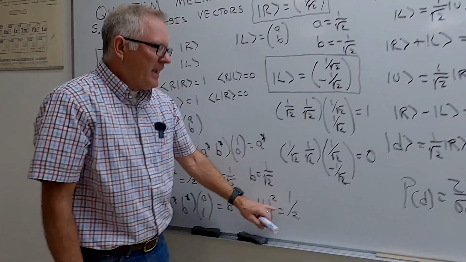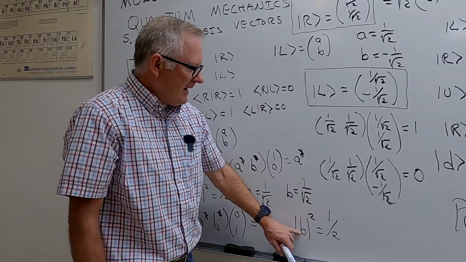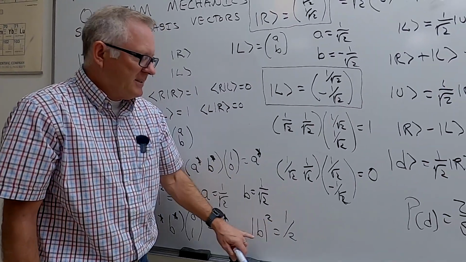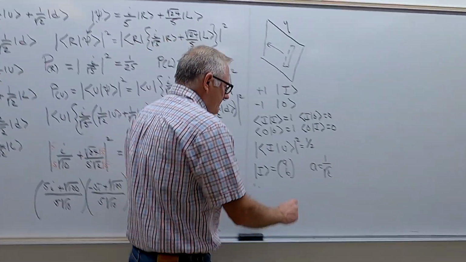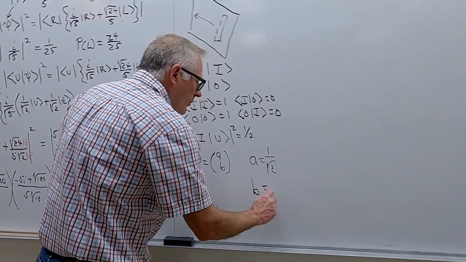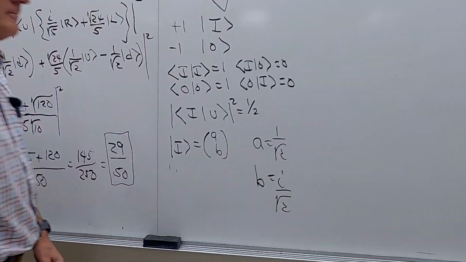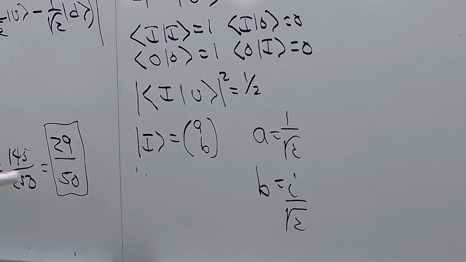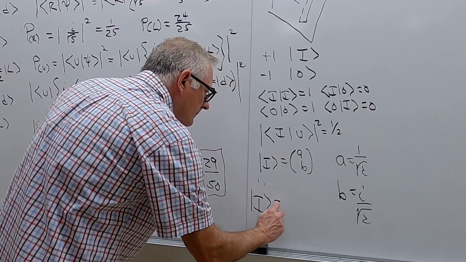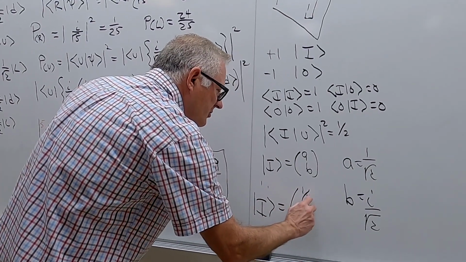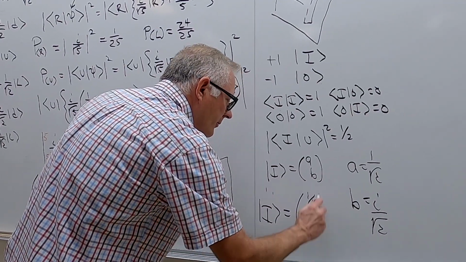But we can pick i times 1 over the square root of 2, because that would make this equation correct too. So my B will be i all over the square root of 2. So that means my N will be 1 over the square root of 2, i over the square root of 2.